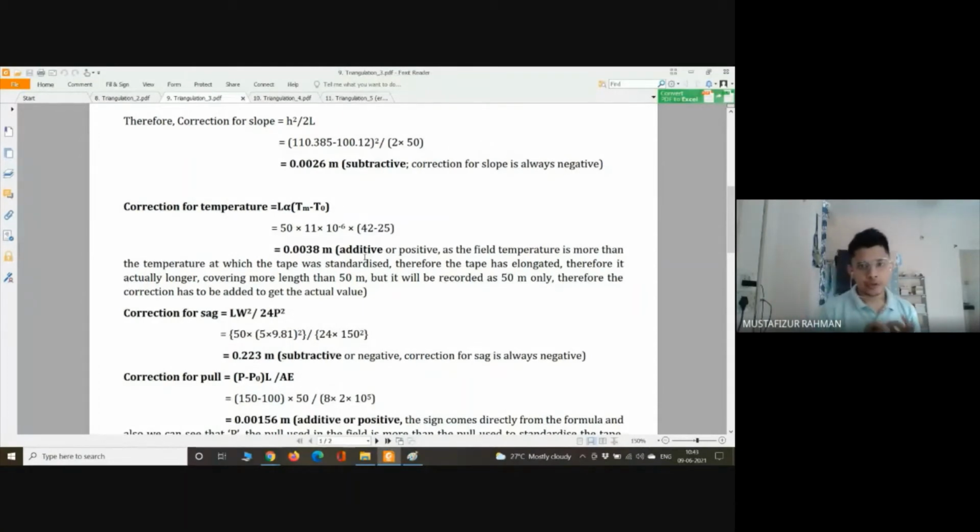Okay, so we have to remember that if the measurement temperature is higher than the standard temperature, correction is positive. If the measurement temperature is lower, correction is negative. Okay, and that will be given directly by this formula, if we remember Tm to be put first, then T0. So this comes out to be positive because we are measuring at a higher temperature.